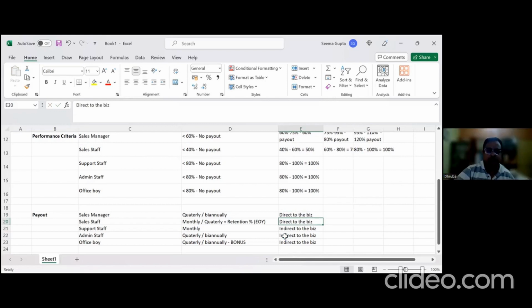For that office boy, since these are all blue collar jobs, these people are already getting the statutory bonuses.